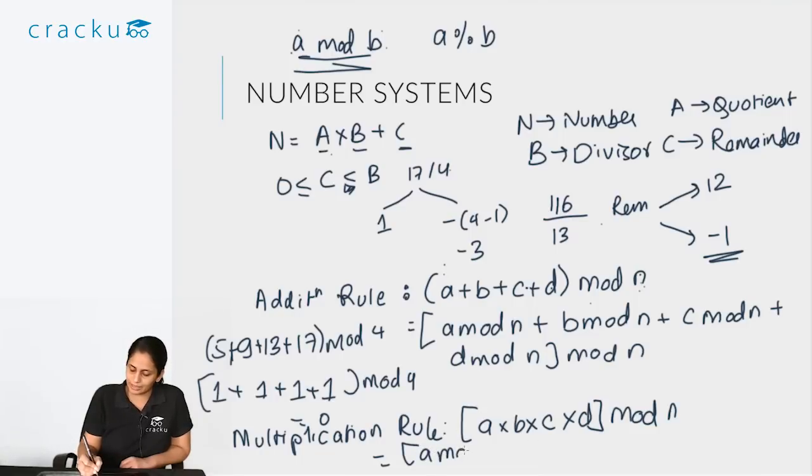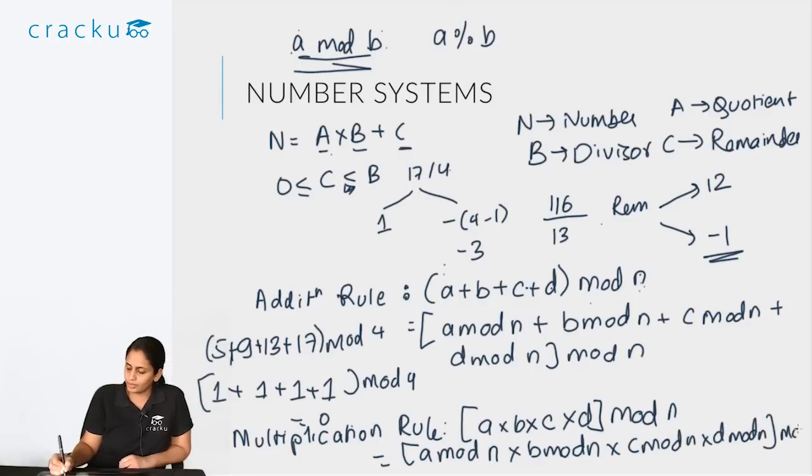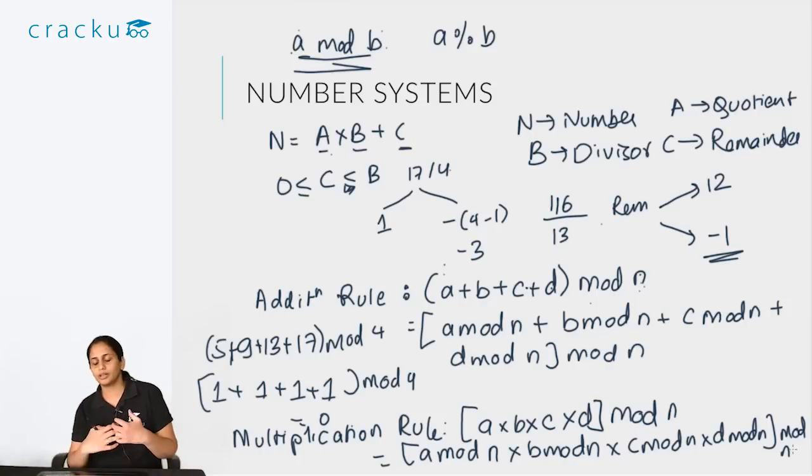So you can say that this is equal to A mod n into B mod n into C mod n and so on, D mod n, the whole mod n. You have to take mod n again outside. So this is how, if you have a complicated remainder theorem question, you can split it up into easier to calculate subparts and then multiply them back together.